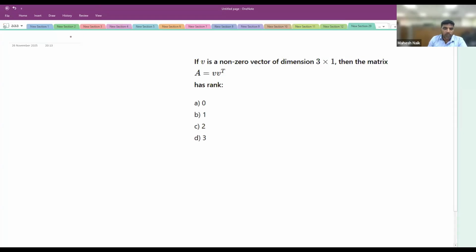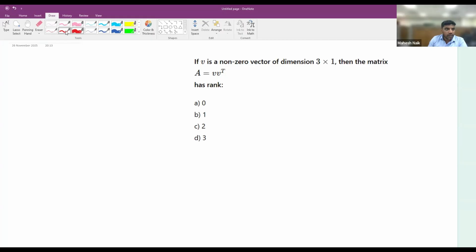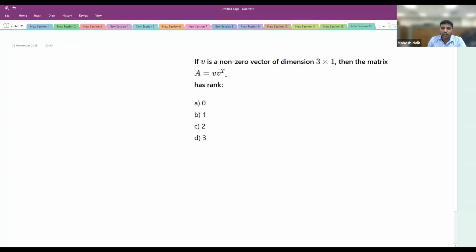In this case, V is a non-zero vector of dimension 3 cross 1, and A is given to be V into V transpose. We want to check the rank of A.